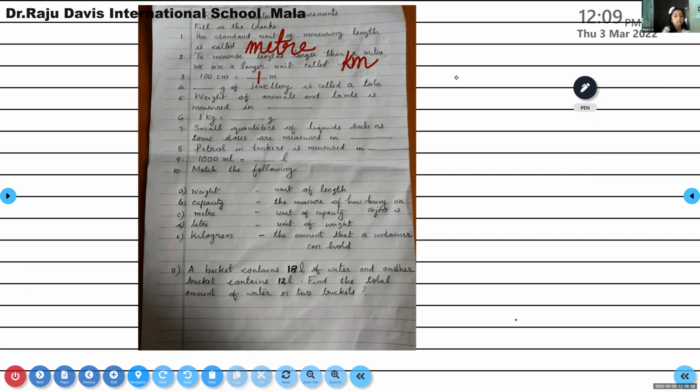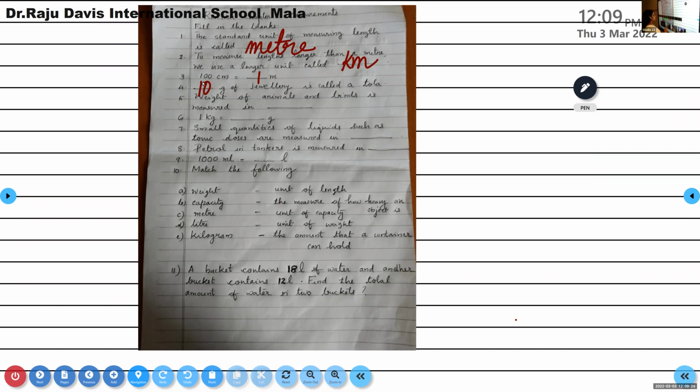What happened there? Okay. Now let me ask Ishan Krishna, tell me. Dash gram of jewelry is called a tola. 10 gram. Very good. 10 gram of jewelry is called a tola.